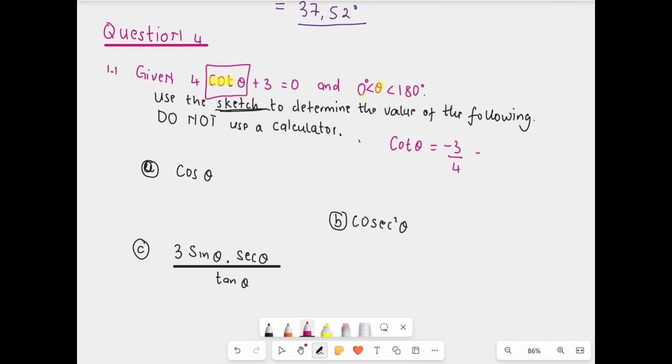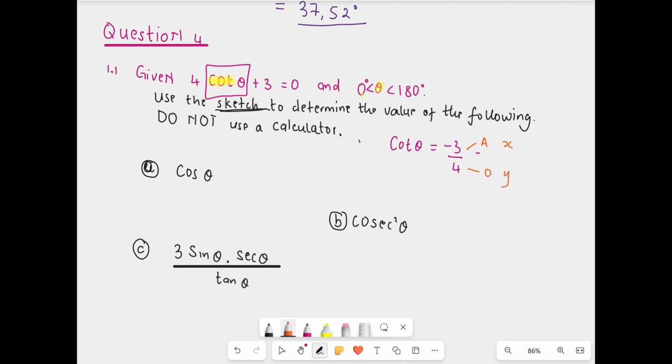Now, you need to remember the definition. What is the definition of cot? Remember, cot is a reciprocal of tan. The definition of tan is opposite over adjacent. So that means the definition of cot will be adjacent over opposite, or you can say this is x over y.